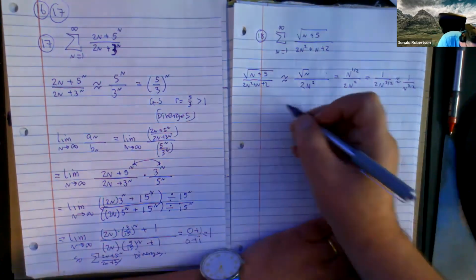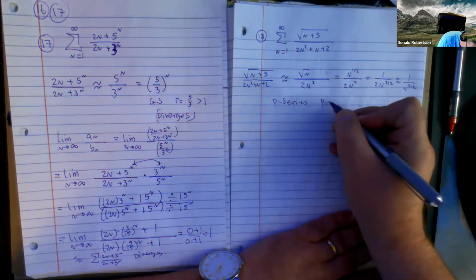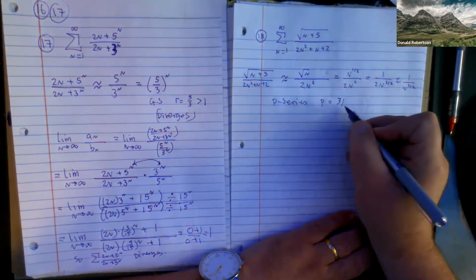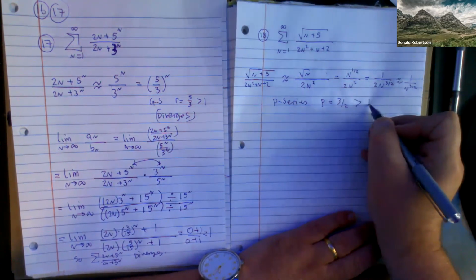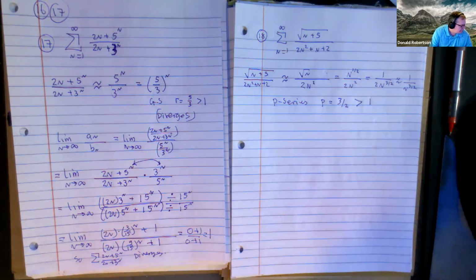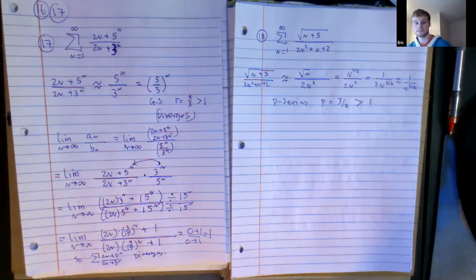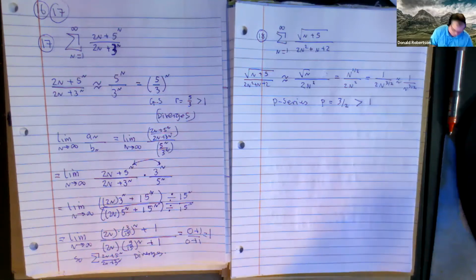Okay, back to P series. This guy is a P series with P equals 3/2, which is greater than 1. Will that P series converge or diverge? P greater than 1. Converge or diverge? Converges. Agreed? Converges.